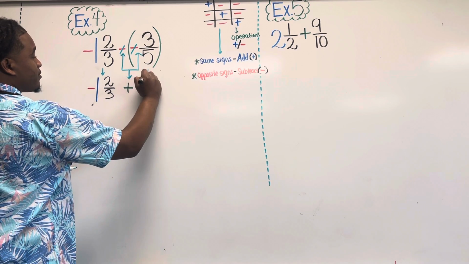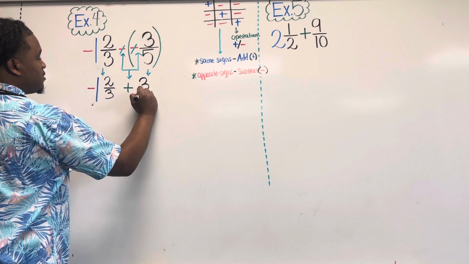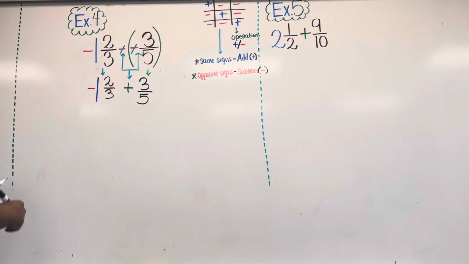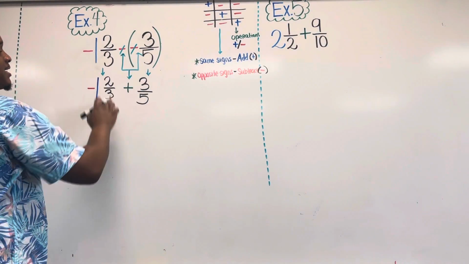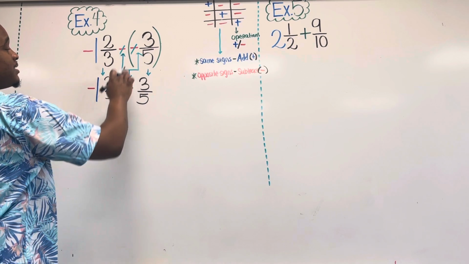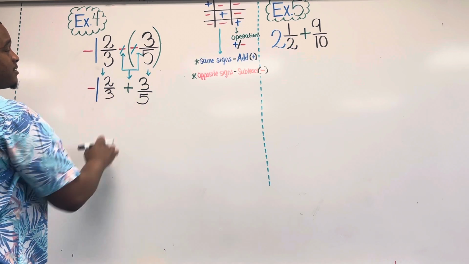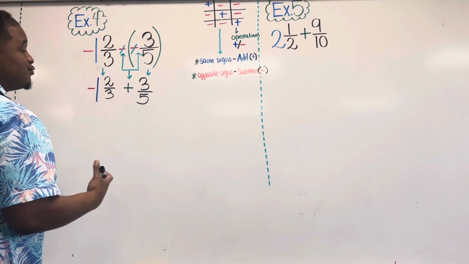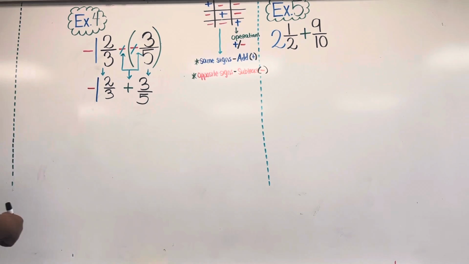So I'm just going to bring down 3/5. So now, guys, I see what it means to subtract a negative. To subtract a negative is just like adding a positive. So now we got the true operation within this particular problem.